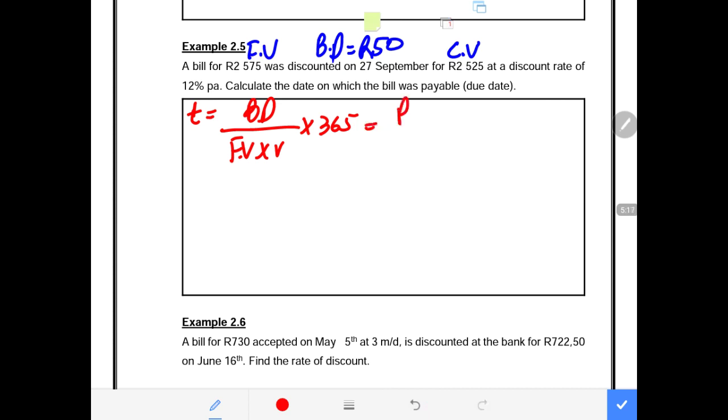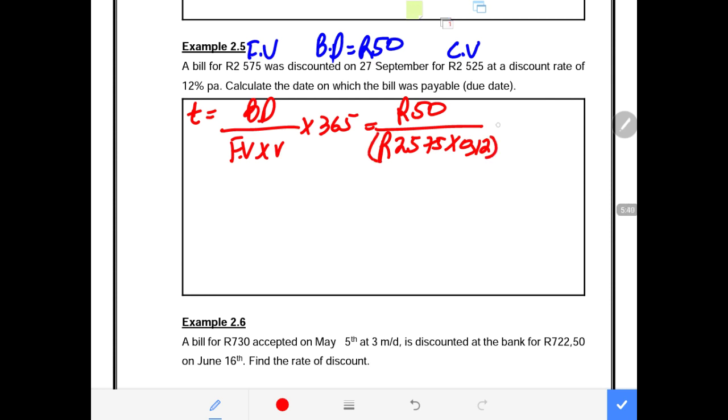Now we have already calculated that the banker's discount is an amount of 50 rand, which is the face value minus the cash value of the bill. So this is 50 rand divided by face value, which is 2,575, times the rate of 0.12.